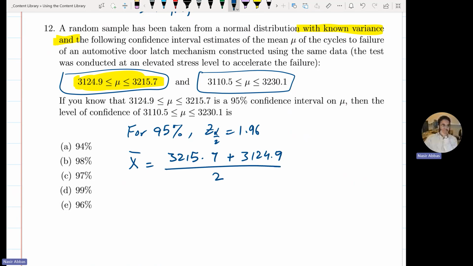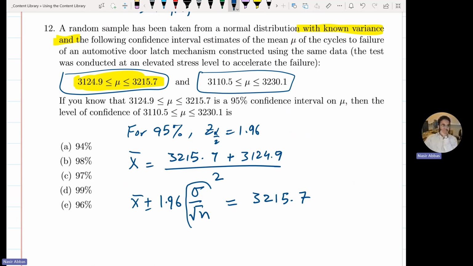First, get the value of X bar. Okay. Then for the first interval, 95% confidence interval, the upper limit is actually x bar plus 1.96 times sigma over root of n. And this is given to me as 3215.7. Okay, this is given to me 3215.7, the upper limit of 95% confidence interval.